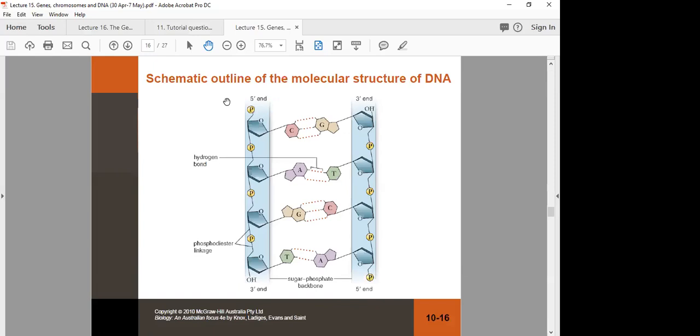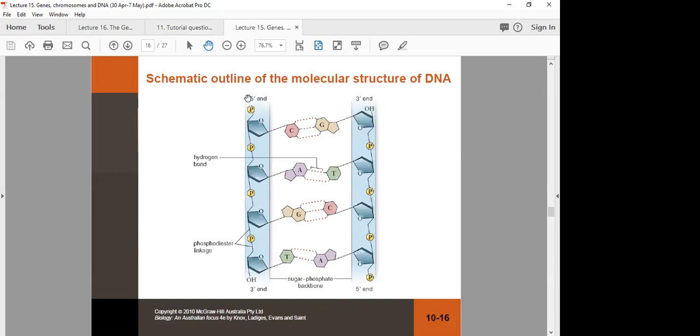So we can see 4 nucleotides on one strand of DNA, a cytosine, an adenine, a guanine, and a thymine. And of course, the sugar phosphate component of each nucleotide forms what's called the backbone of this strand. And the same thing applies to the other strand of DNA.